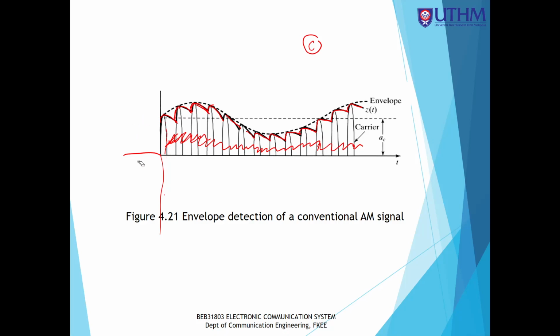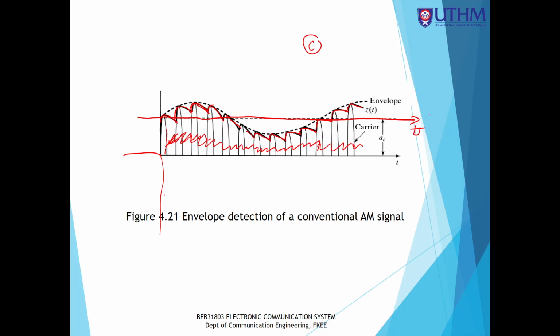So that means the wave will drop to the x-axis. Okay, so I will draw the x-axis above here. So now the wave drops to the x-axis. Okay, the new axis is here.